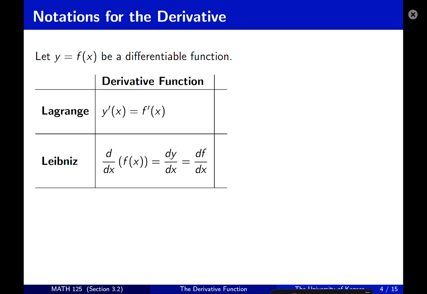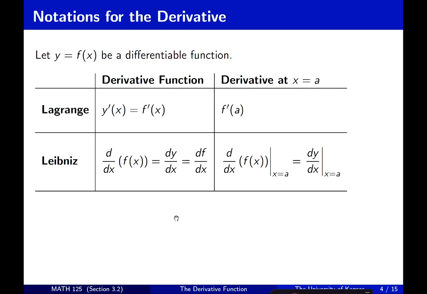Or dy over dx, and that's derivative of y with respect to x. It reads that way. Or derivative of f with respect to x. And these are without the input parentheses. That one has the input parentheses. This one doesn't have the input parentheses on it.